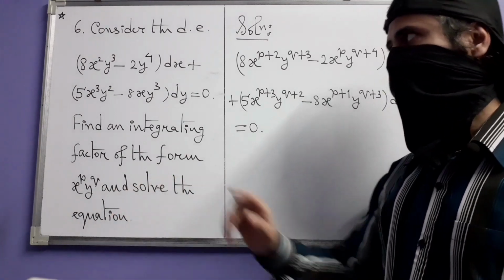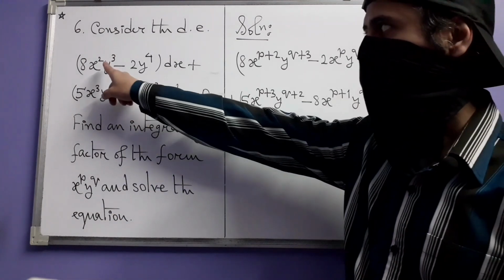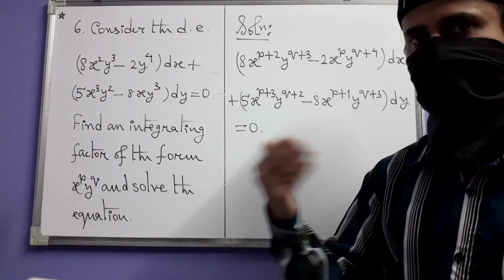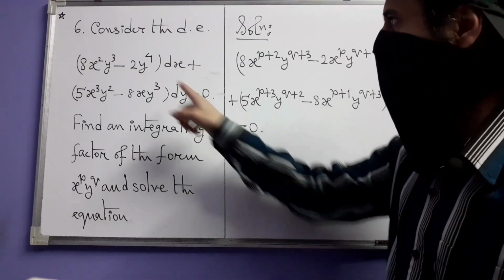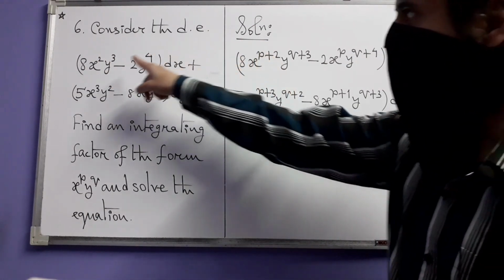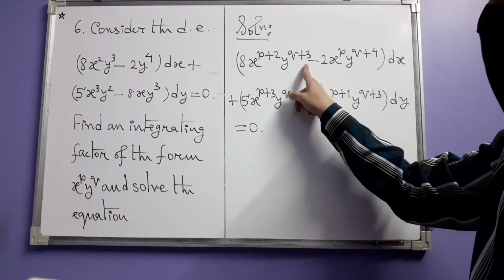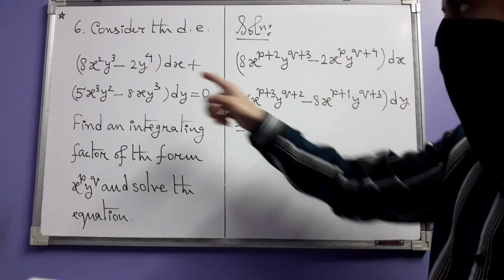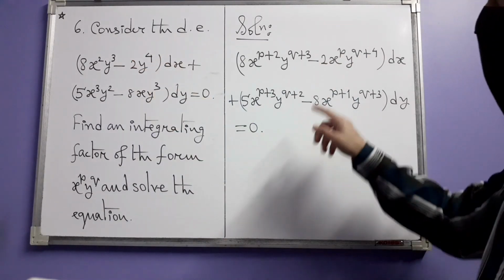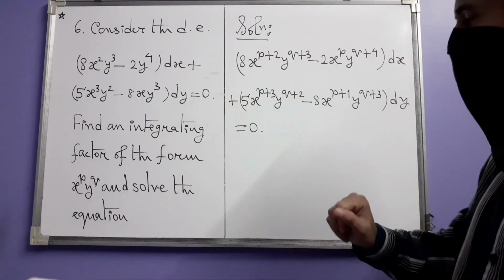If we really do the multiplication, the corresponding exponents get the plus p and plus q. So here you have p plus 2, q plus 3. Here you will just have p because originally there was no x, and here you will have q plus 4.